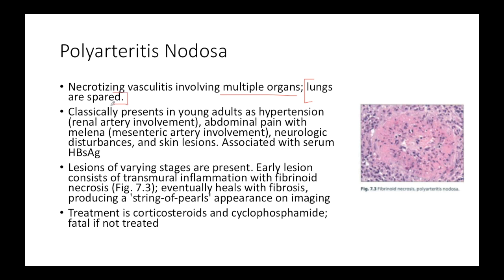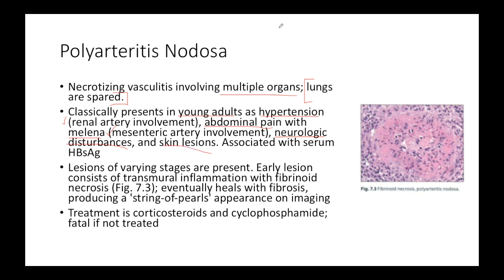These are spared here. This will classically present in young adults as hypertension, because it involves a renal artery, abdominal pain with melena, because it can involve the mesenteric artery, and neurologic disturbances and skin lesions as well.